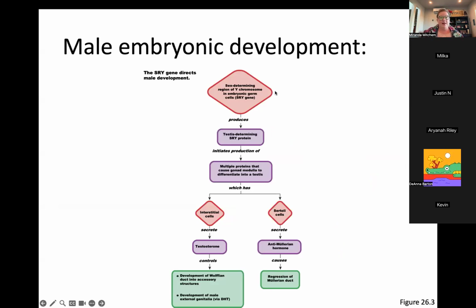Okay, so here's our developmental pathway for the male. This is coming from the Y chromosome, and it's a gene called the SRY gene, the sex determining region of the Y. It produces the SRY protein, and that is going to lead to the activation of tissue in the gonads to develop into testes.